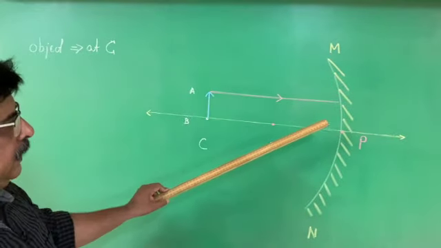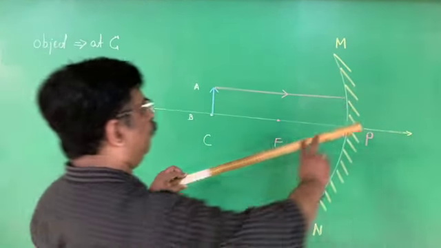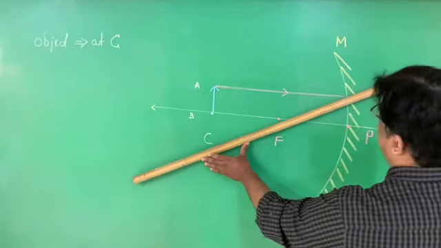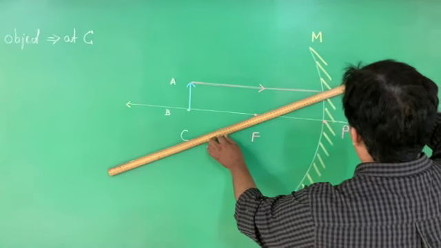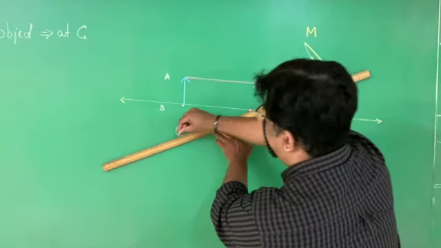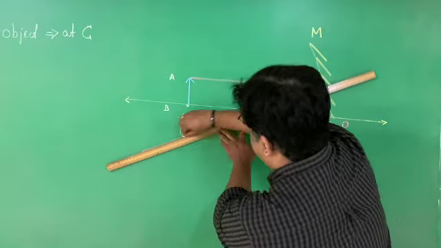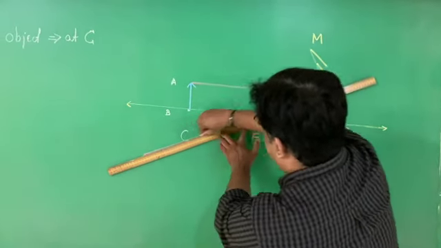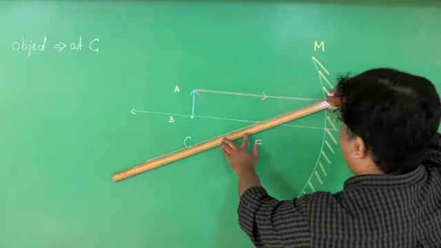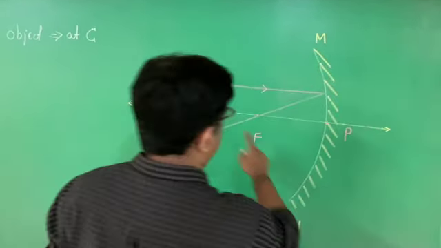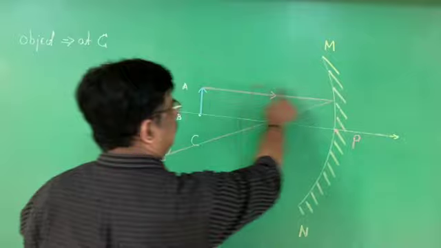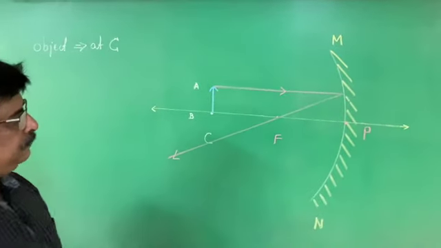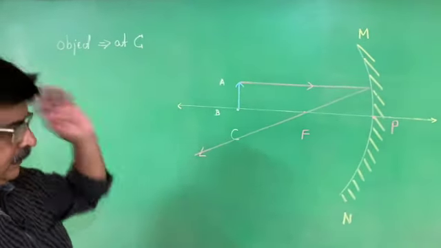After the reflection, it passes through the principal focus. First condition: a ray of light parallel to the principal axis after the reflection passes through the principal focus. First condition is over.